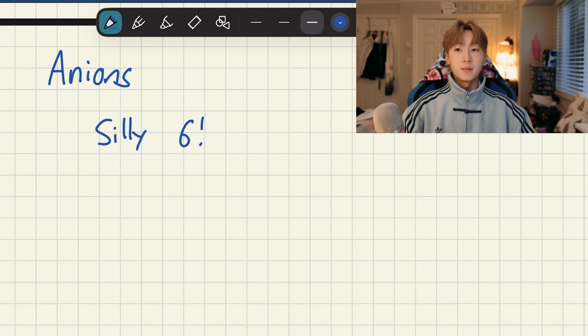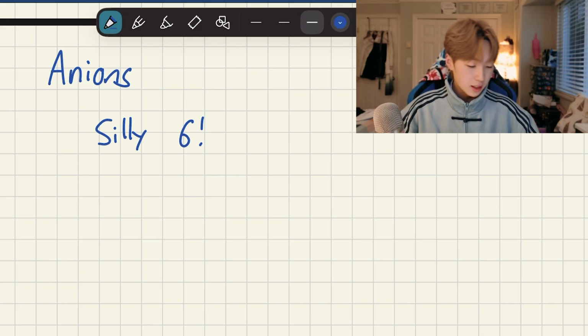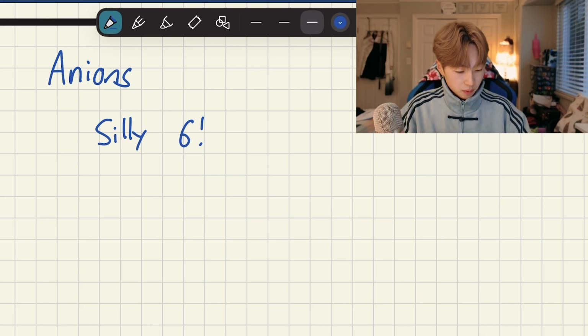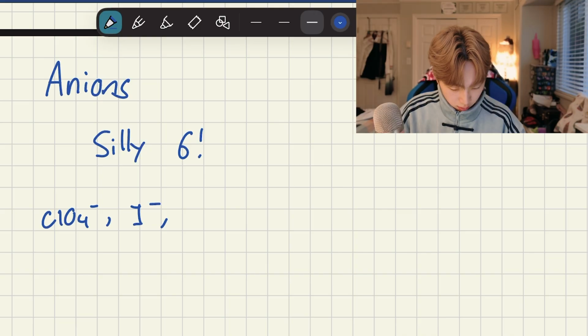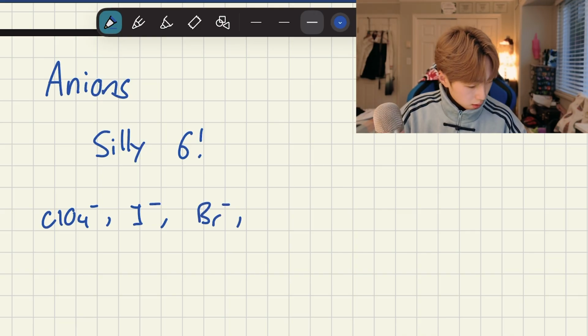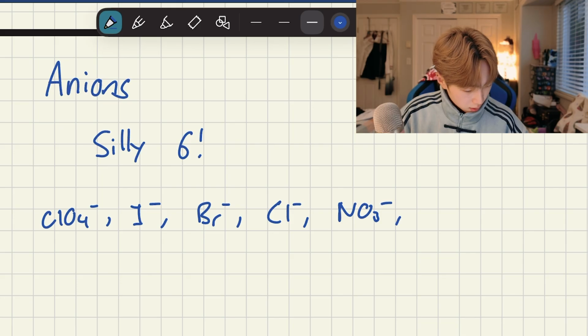Because there are 6 of them, and they are silly because they're unable to hydrolyze. And these are ClO4-, I-, Br-, Cl-, NO3-, and HSO4-.